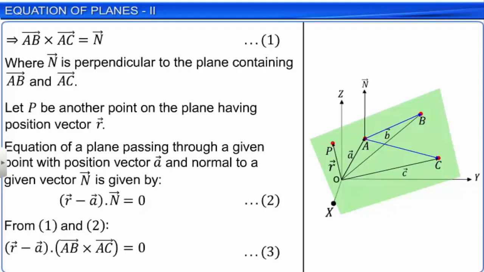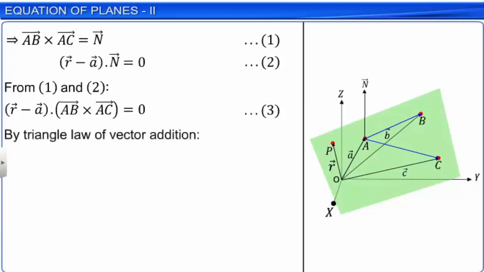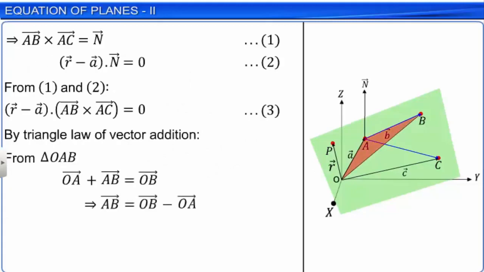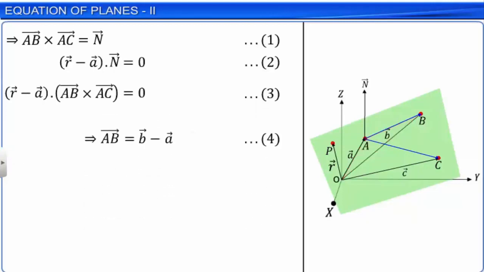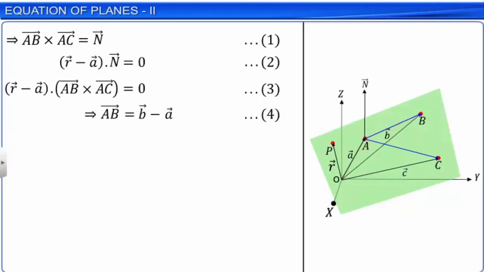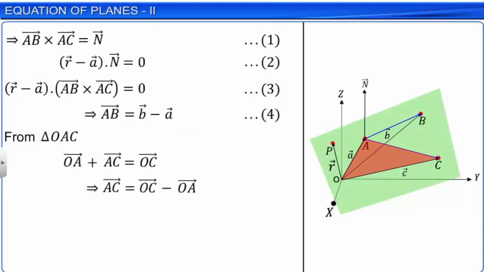Applying the triangle law of vector addition to triangle OAB and rearranging the result, we get equation 4. Similarly, applying the triangle law of vector addition to triangle OAC and rearranging the result, we get equation 5.